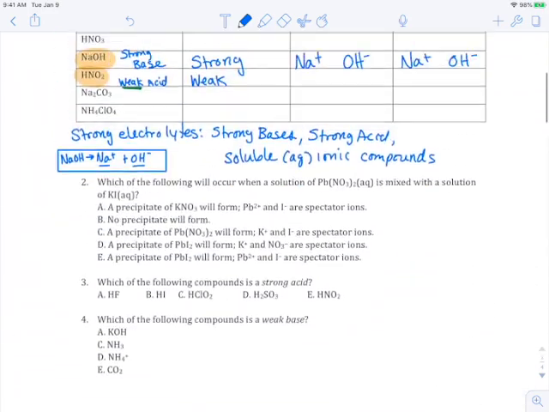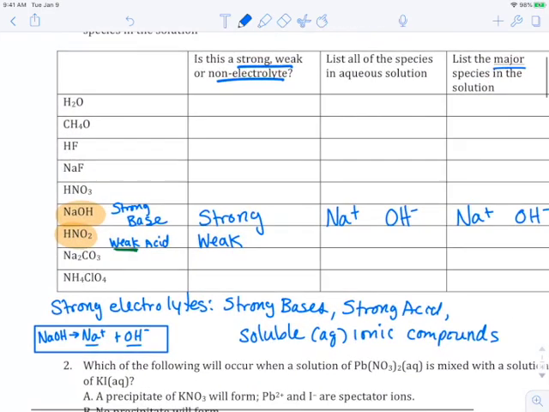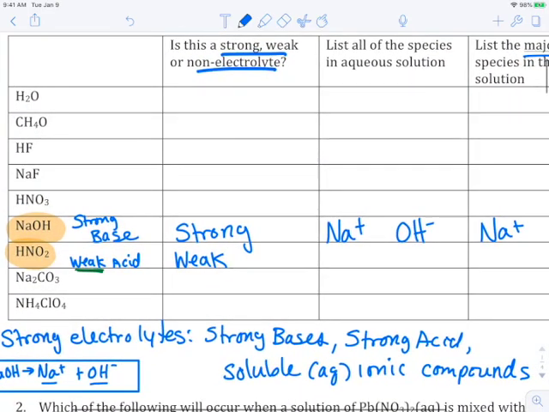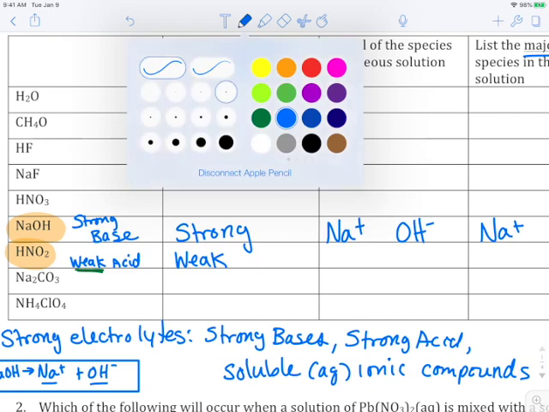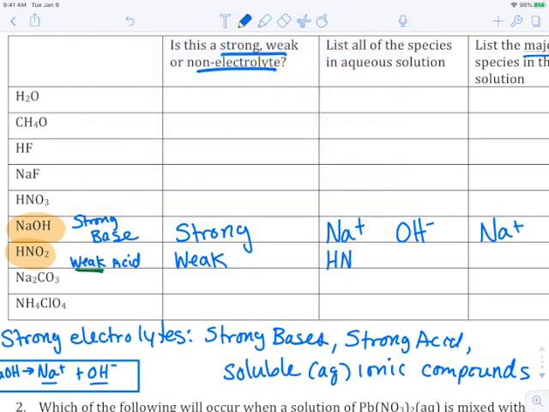Okay, so let's go back over, and we are trying to first list all of the species in aqueous solution. So everything that's in there: the HNO2, H plus, and NO2 minus, like so. All right, so for HNO2, the entire molecule is here in the aqueous solution, and that's going to be true of any weak acid or weak base.